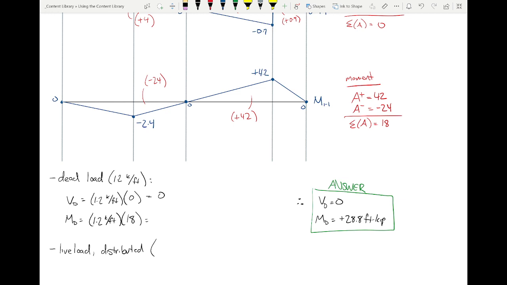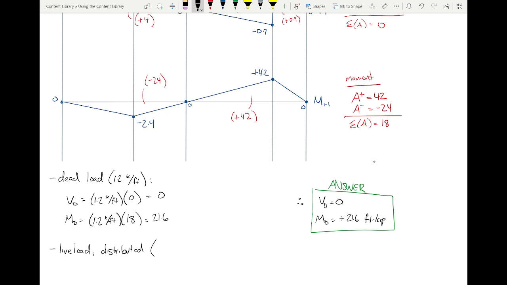So now it's 1.2 times 18. 21.6. Okay, let's try this again.